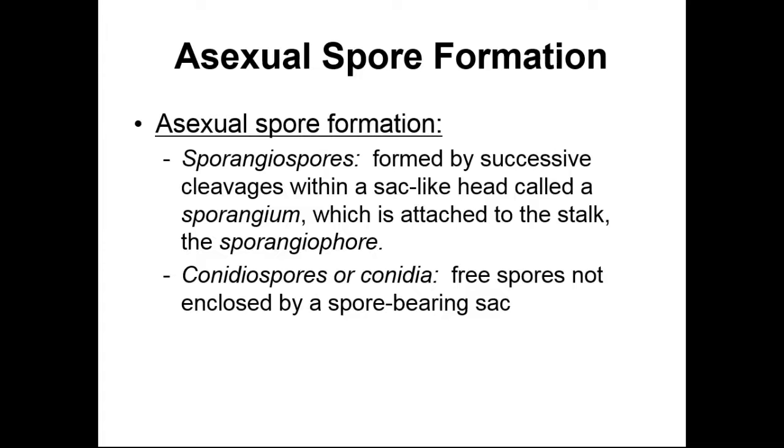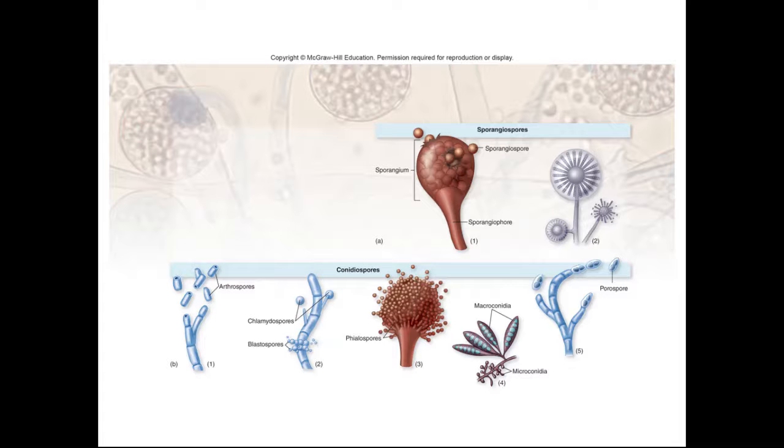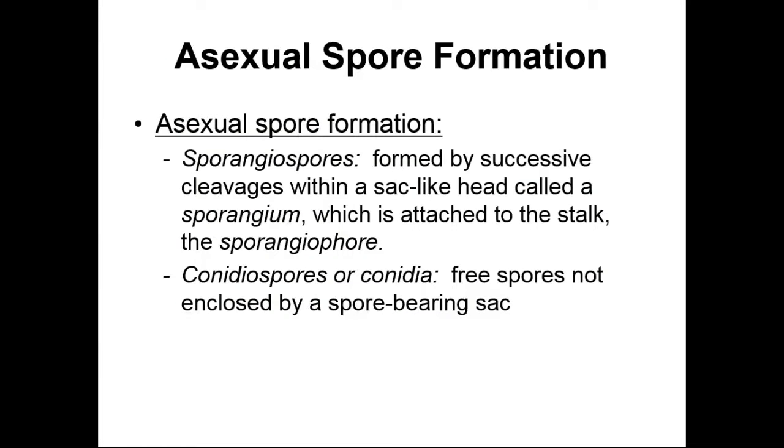Yeah, talk about a tongue twister. I know. So, here we have the sporangium, the sporangiophore, and the sporangiospore at the top. Sometimes, instead of having sporangiospores, we'll have conidospores or conidia, depending if you're singular or plural.